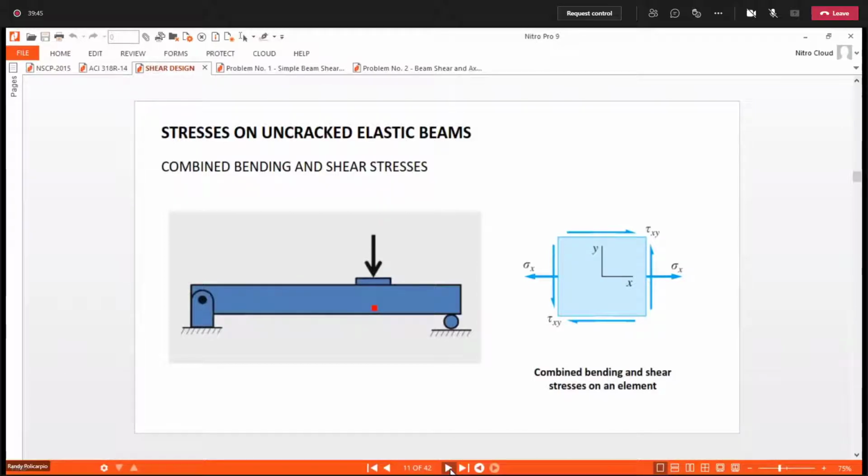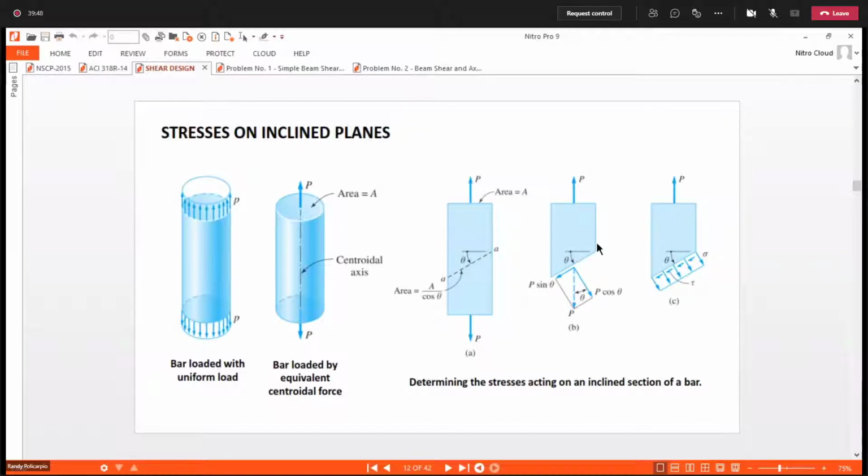How are these stresses acting? It is the same. Our normal stress is still perpendicular to the surface where the stress acts, while our shear stress is still parallel. So there is no effect whether inclined or horizontal; the way the stress develops, its behavior is the same: shear is parallel to the surface, normal stress is perpendicular.